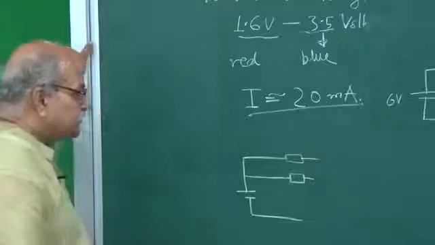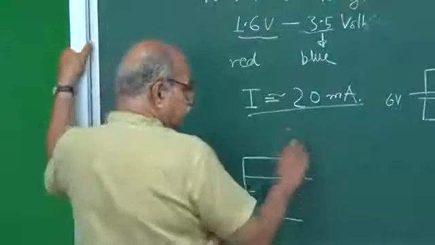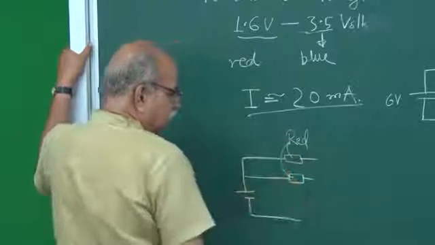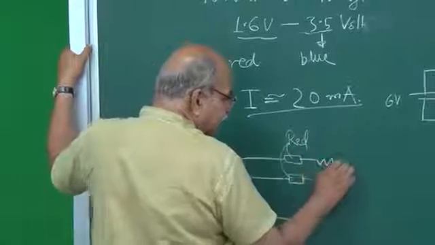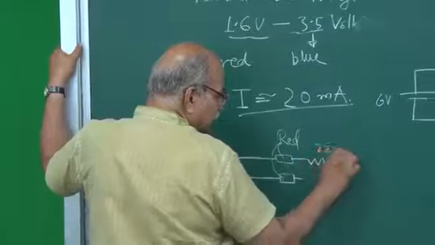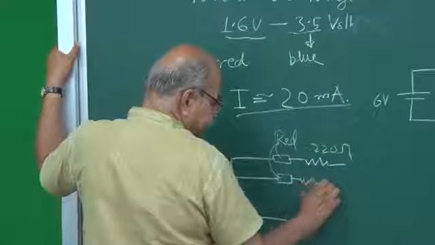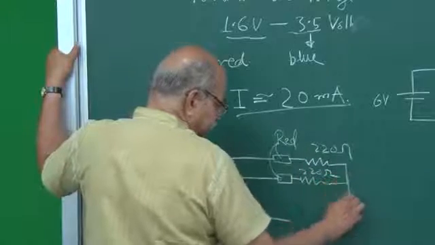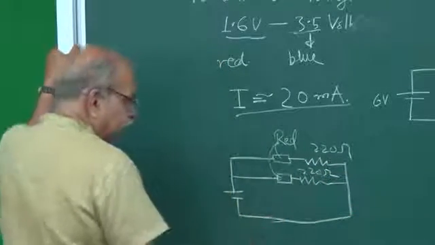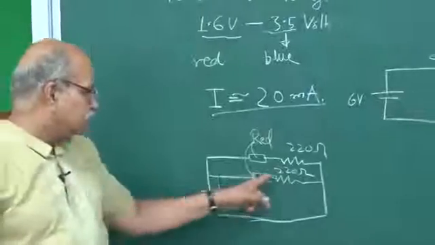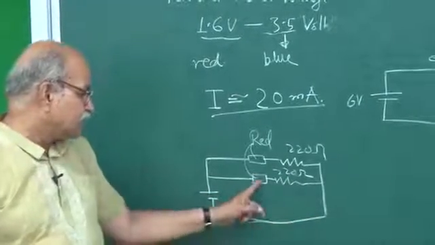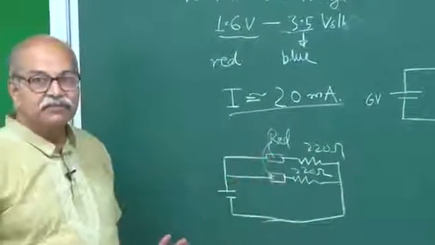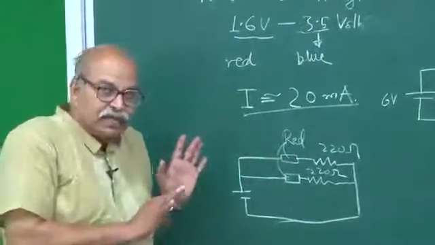If both of them are red, then to protect them separately you will need a 220 ohm here and a 220 ohm here, so that this circuit ensures that 20 milliampere goes here, and this circuit ensures that 20 milliampere goes here. So these things one should take care of.